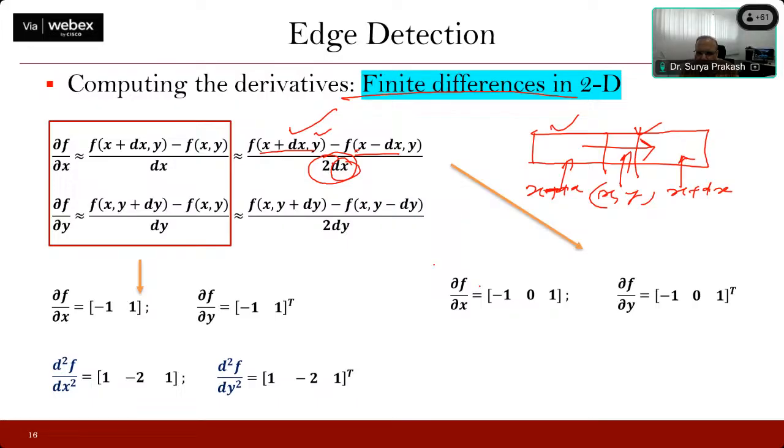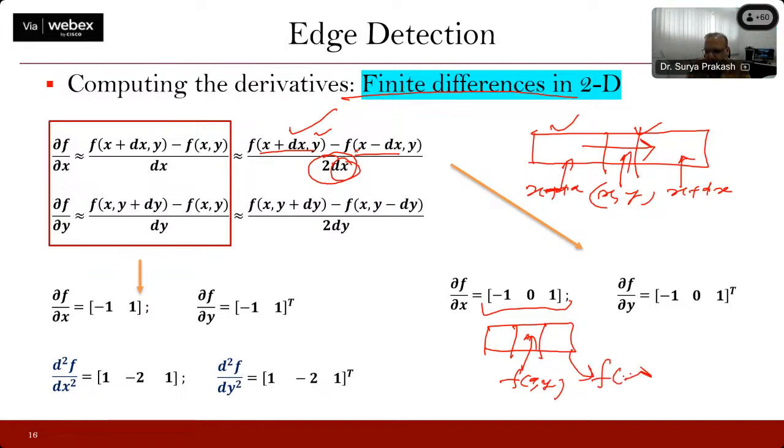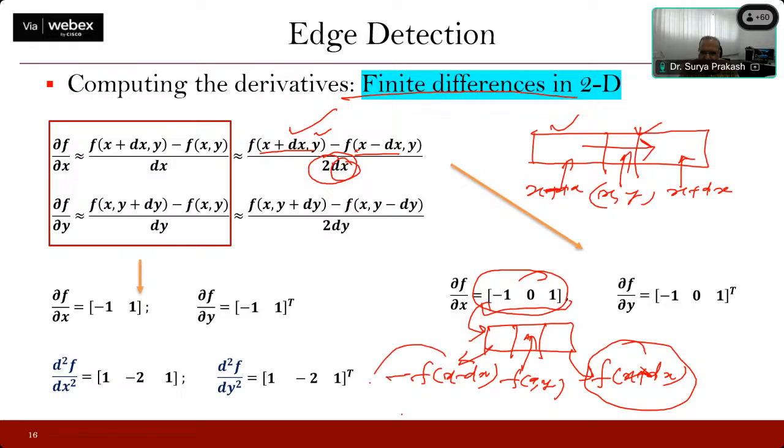So let's say you employ a filter like this, -1, 0, and 1, and you apply that on the image. Let's say this is the image where you apply this filter. This is f(x,y), this one is f(x+dx), and this one is f(x-dx). Now if you multiply these respective values of the filter with the underlying image and then aggregate that, what you will get is this function minus this function, right?